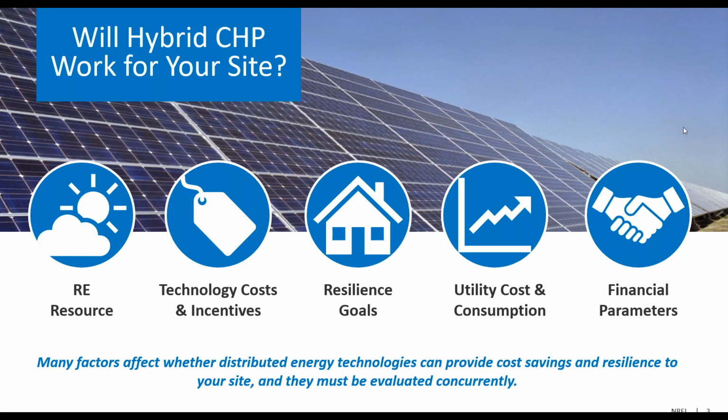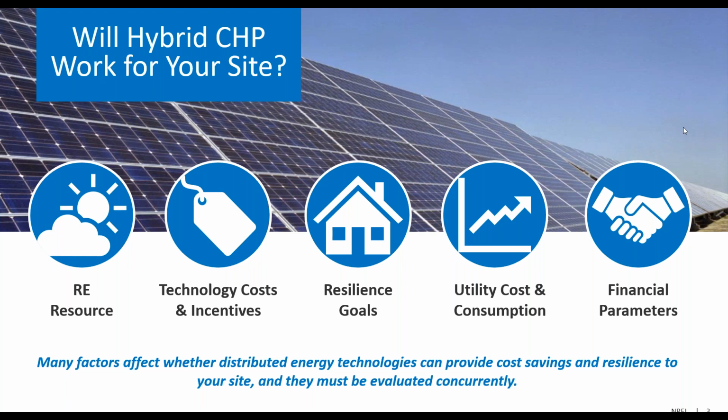So when you're trying to think about whether a hybrid CHP system might work for a specific site, there's a lot of different factors that affect whether a system will be technically and economically feasible. Technology costs and incentives, for example, determine the required capital cost investment to install these distributed energy systems. And then these are offset over time by reduced utility energy bills.